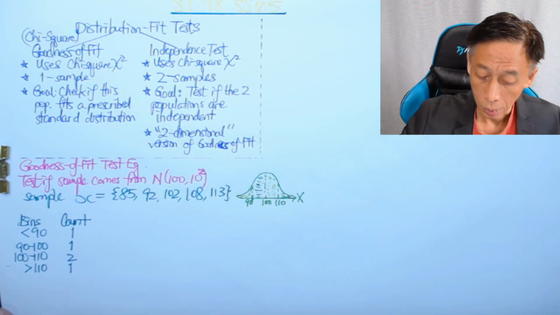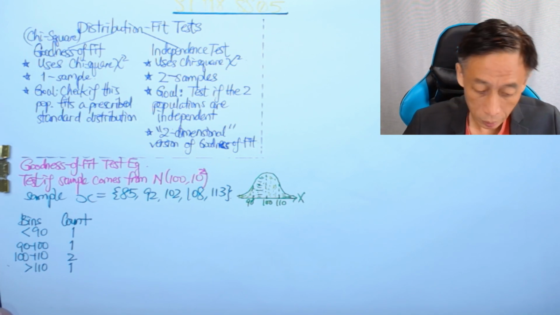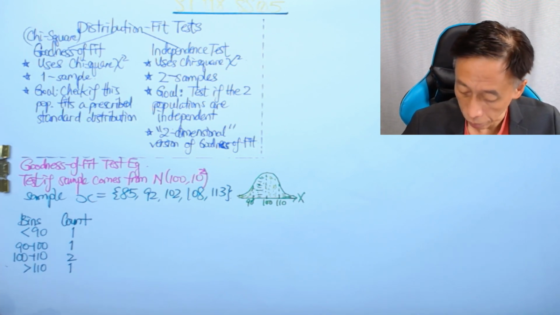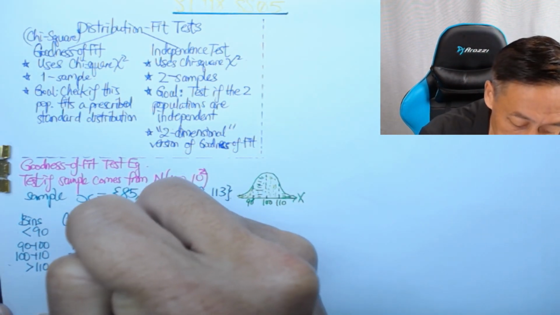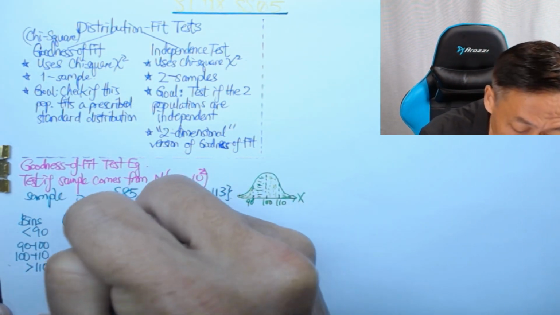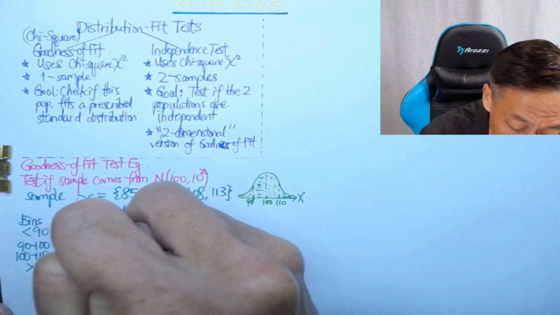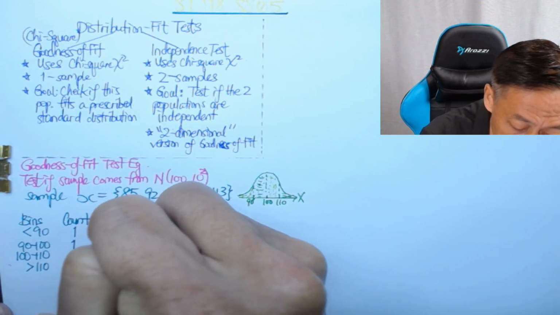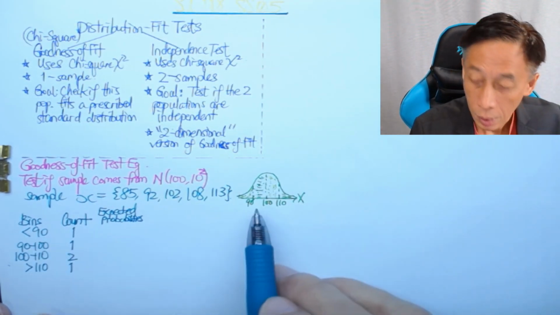All right. So calculate the probabilities. Okay, so we are going to basically show the expected probabilities of bins within the intervals.